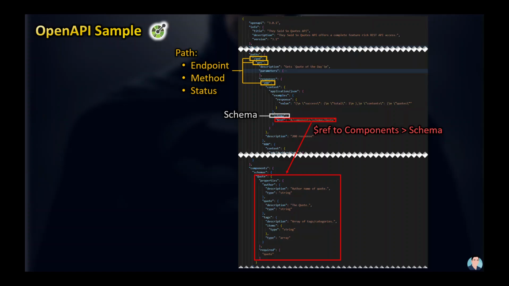Each path is the combination of the endpoint, the method, and the status, and indicates what is the schema expected for the response. The schema could be a plain JSON object, but also could be a reference to the component's schema. This definition is like a type that will contain the JSON schema details.